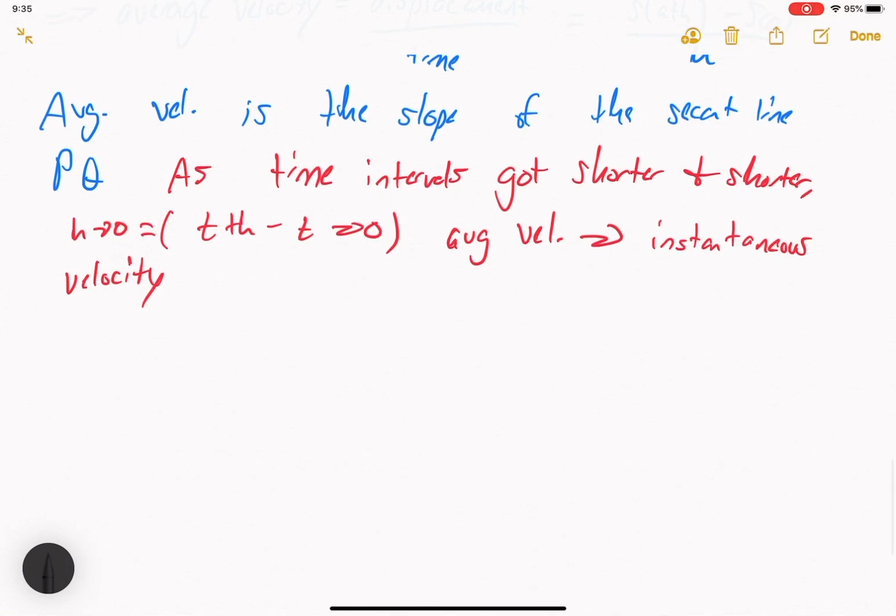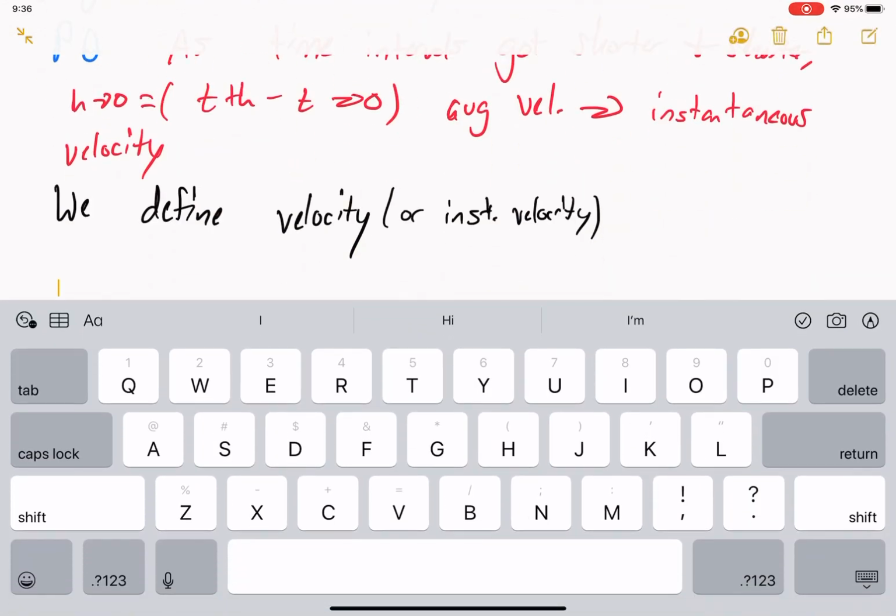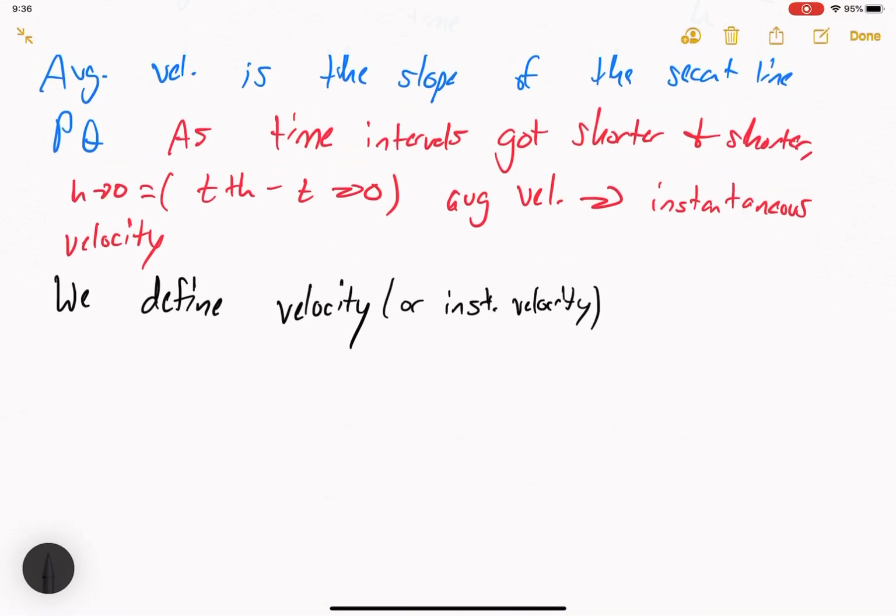So now let's actually try to define velocity, or the instantaneous velocity, the same thing as just above. Let's say we call that, again, we need to call that like a function. We'll say v of a at time equals a.